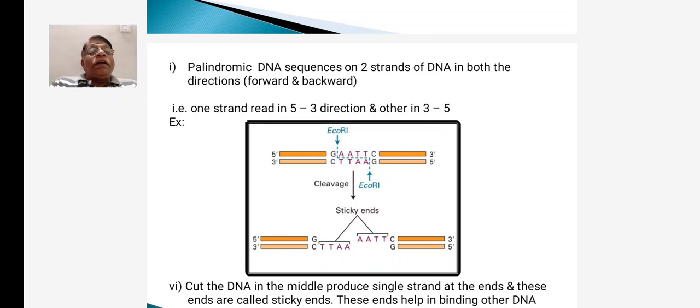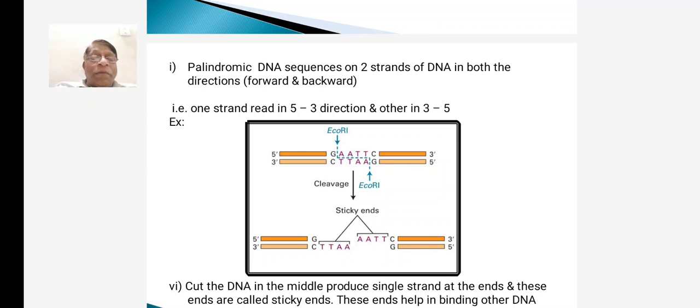So after cutting, sticky ends are formed in both the strands. Sticky ends. This is how the enzyme functions.